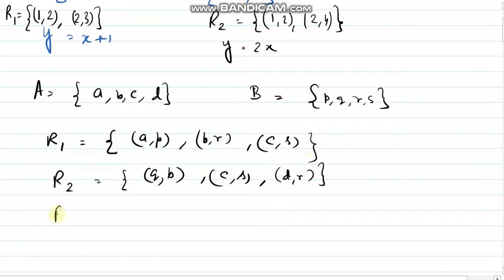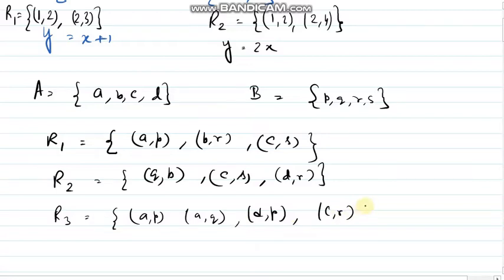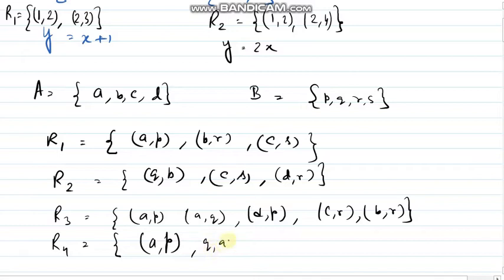Your R3 contains (a, p), (a, q), (d, p), (c, r) and (b, r), and your R4 contains a couple of relations. I am just writing (a, p), (q, a), (b, s) and (s, b).